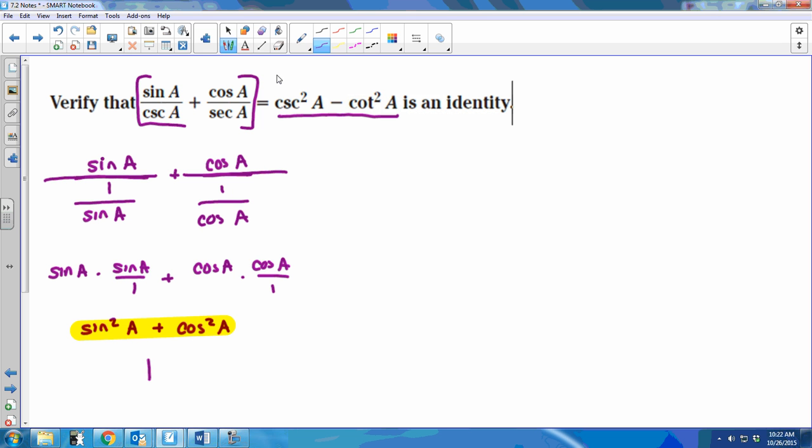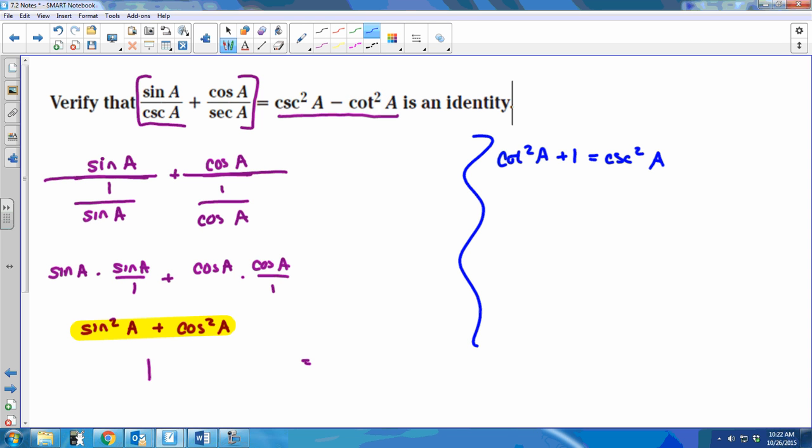So now if you look to the other side, on this one, I might need to look at both sides. I have cosecant squared minus cotangent squared. Again, if you're trying to learn those identities, there's an identity that has cosecant squared and cotangent squared in it. And it says cotangent squared plus 1 equals cosecant squared. All right?